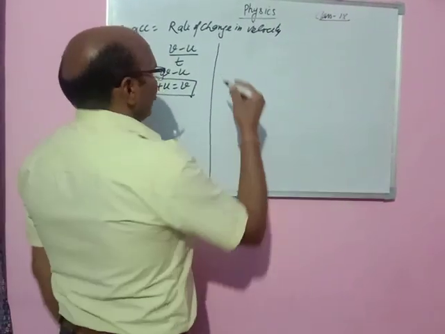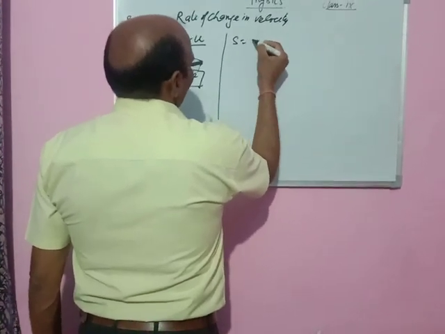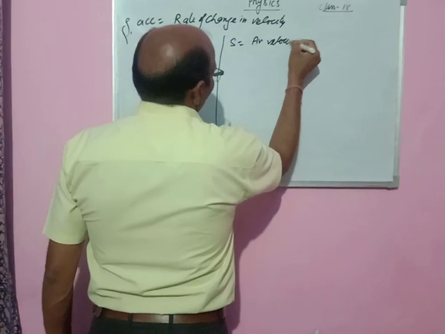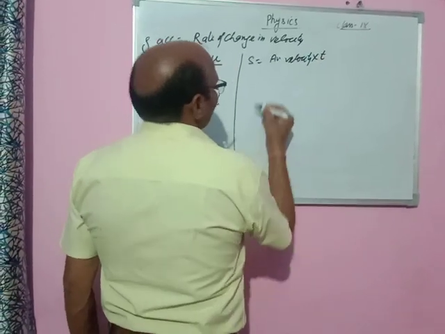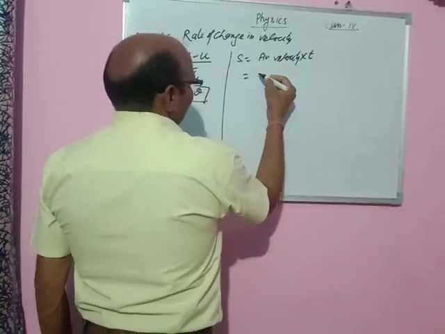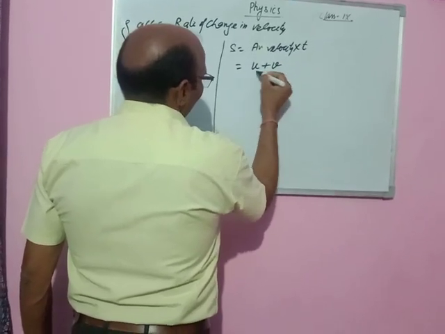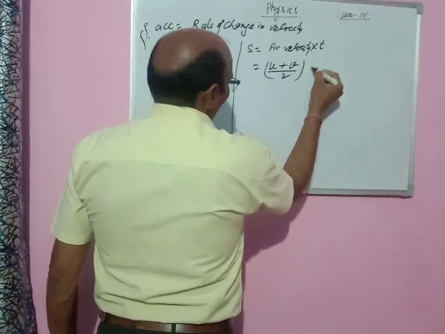As we know, displacement s equals average velocity multiplied by time. Average velocity means initial velocity u plus final velocity v upon 2, into t.